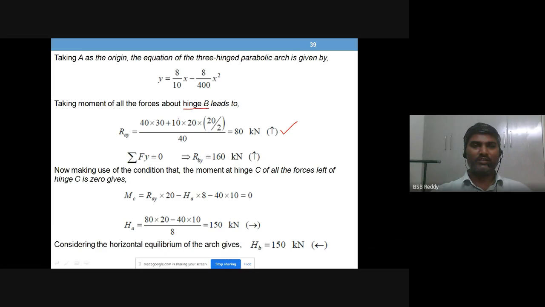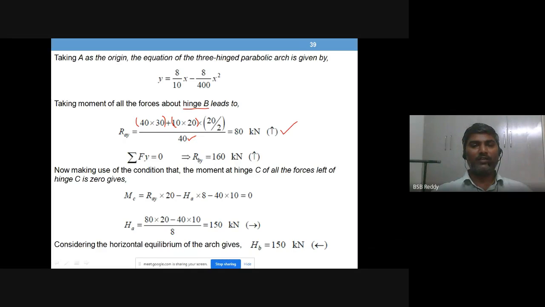This is how we write the moment value, and that is what is seen here. 40 into 30 is the moment from the point load, and 10 into 20, total load, into distance 20 by 2, that means 10. So this is RAY into 40, and the 40 has come to the denominator.